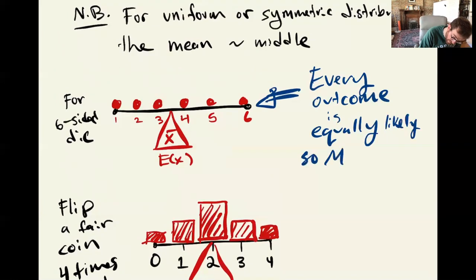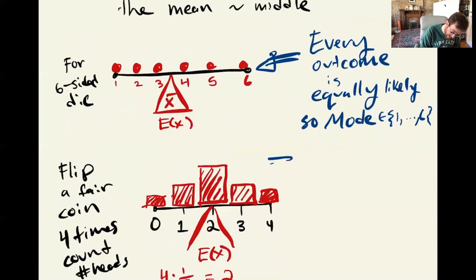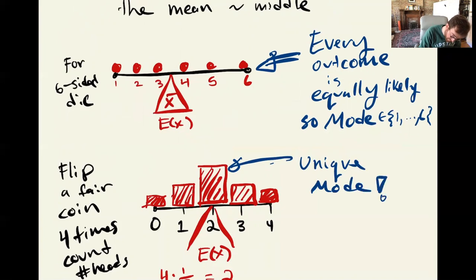So the mode is any one of the numbers 1 through 6. But here there is a unique mode. And also this median calculation shows that the median roughly agrees with the mean in these two situations.